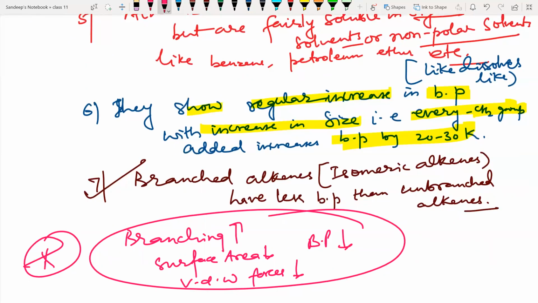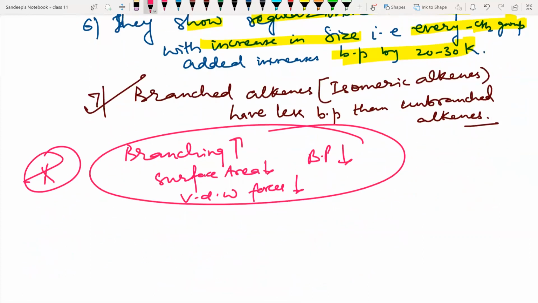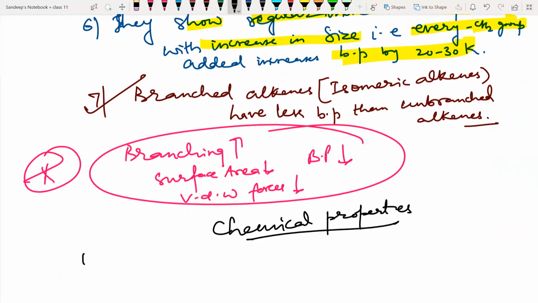Now we are going to see chemical properties of alkenes. So first is addition of hydrogen.